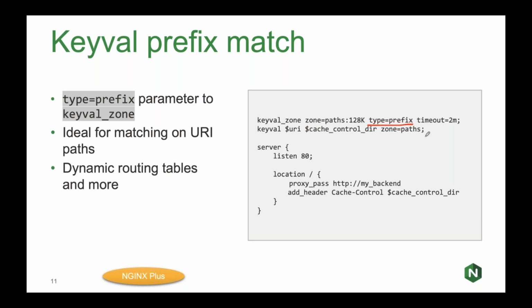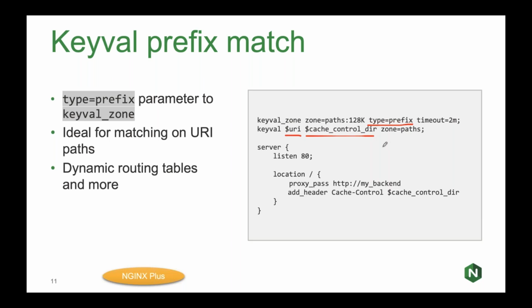So when a key is applied to the key value store, we match on anything that starts with the same set of characters. And what we're doing here is that we are generating, based on a URI with a prefix match, a cache control directive.